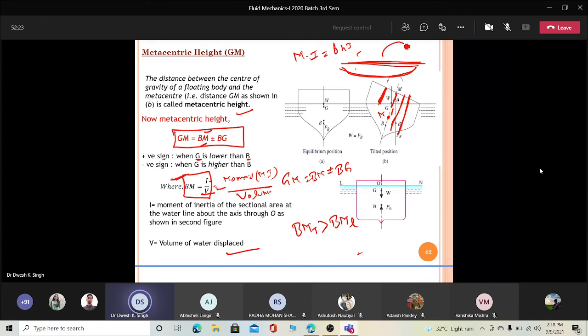But in rolling, your ship may roll and can overturn easily because GM is less in comparison to the transverse axis. So this is the reason. From this you can understand what basically occurs there, the mathematical concepts.